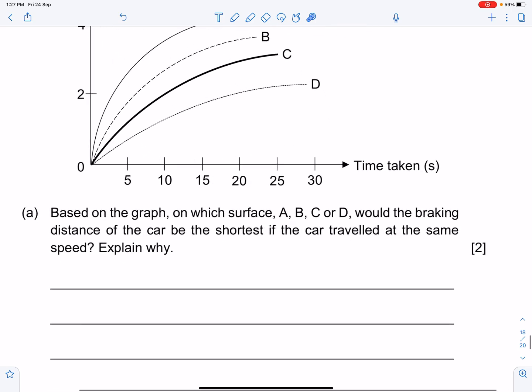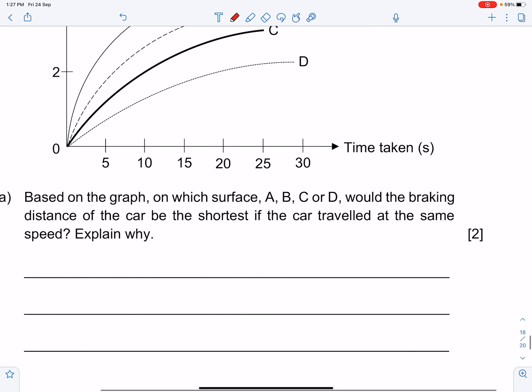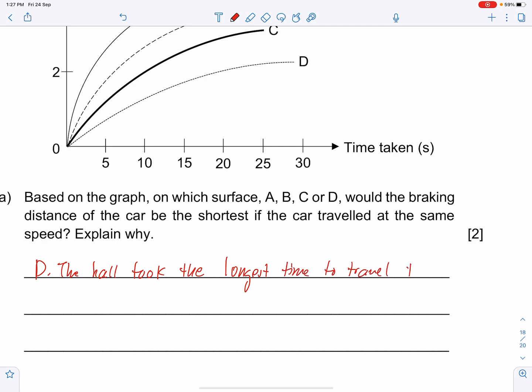So your answer would be D. The ball took the longest time to travel the least distance.